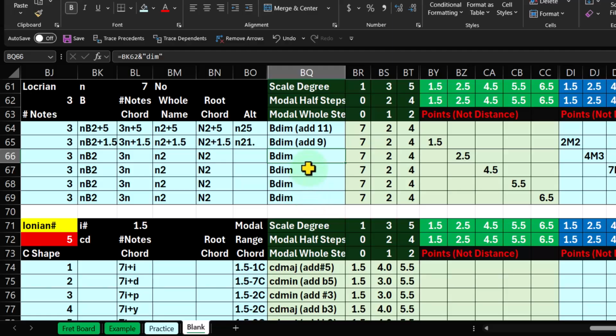So now let's say we're going to have a B diminished chord, same triad, but now we're going to add the nodal point of a 2.5, meaning I can see the point that's in the ocean, and it's right next to the Dorian, right? So it's 2.5. I want to grab that ocean note intentionally as part of this chord for whatever reason.